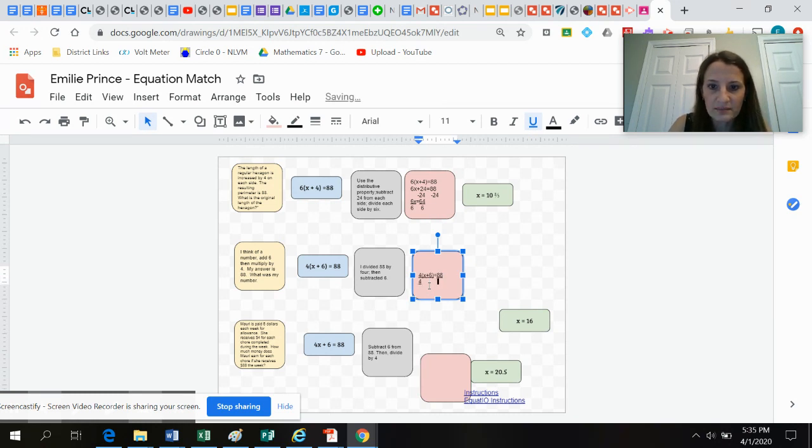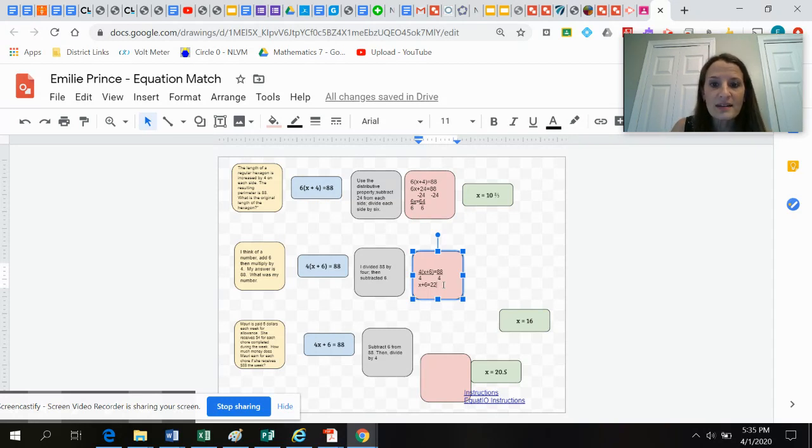There was no guessing. So x plus 6 has to be equal to 22, because 88 divided by 4 is 22. And that makes sense. If I plug in 22, 4 times 22 does equal 88.